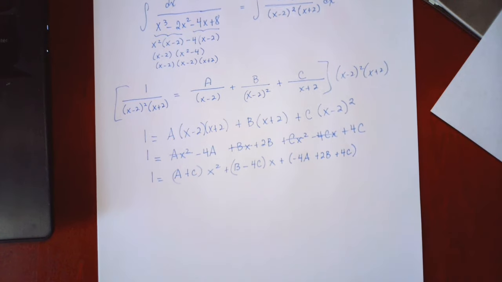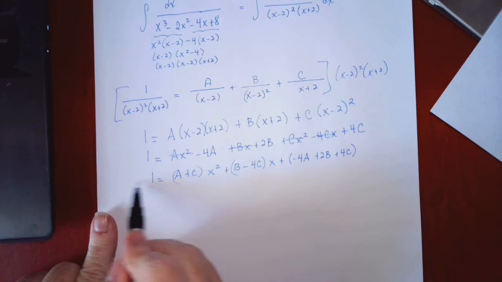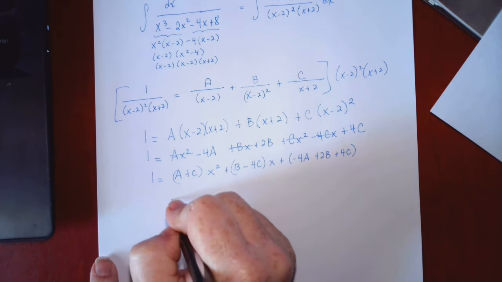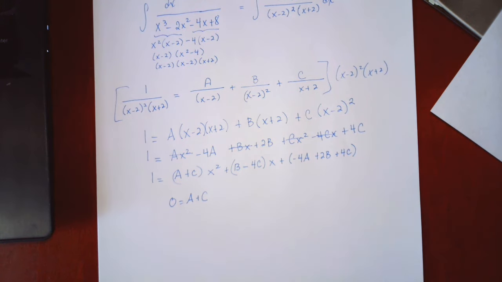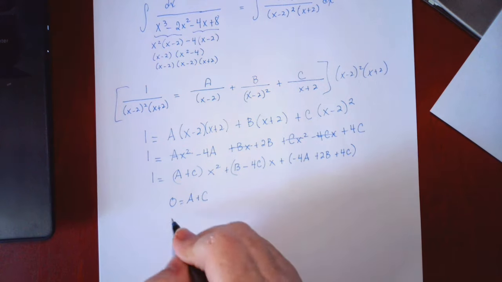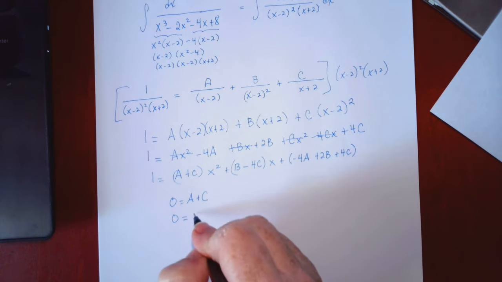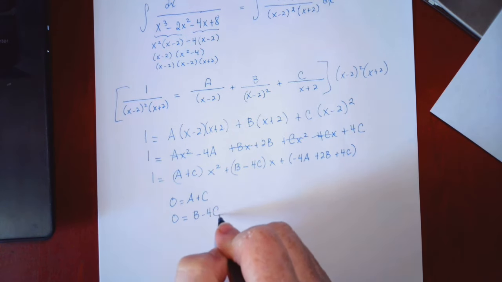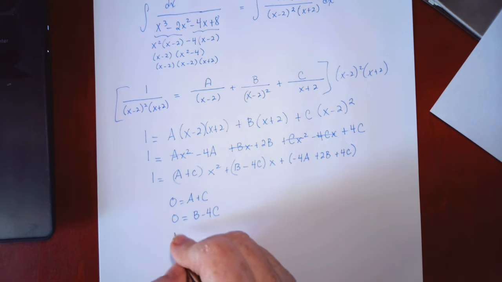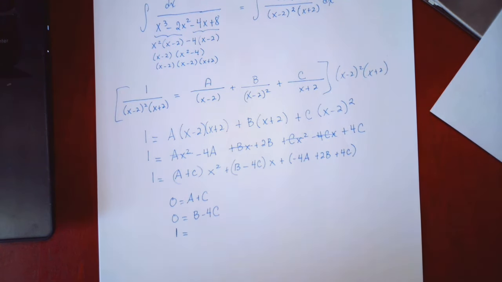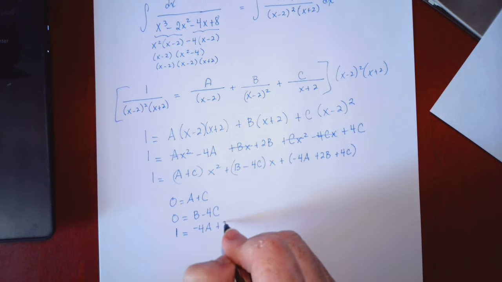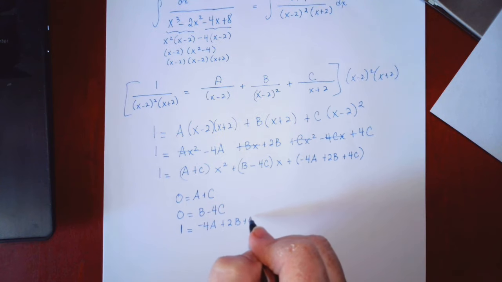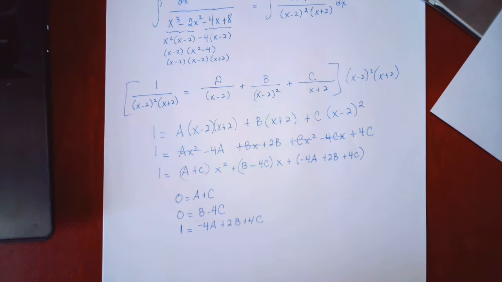So if I was going to do this with just equating the coefficients, I have 0 x squareds on the left, so I would have 0 is equal to a plus c. I have 0 x's on the left, so I would have 0 is equal to b minus 4c. And my constant on the left is 1, so I have 1 is negative 4a plus 2b plus 4c.